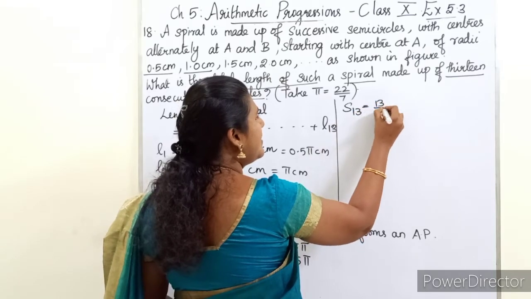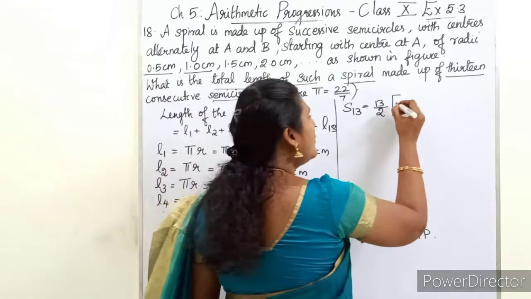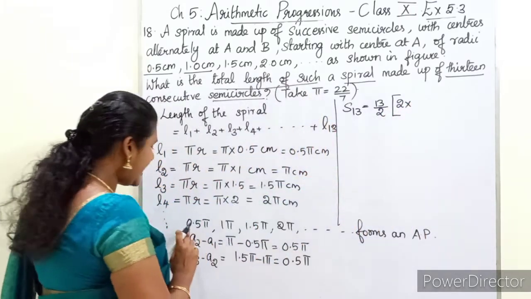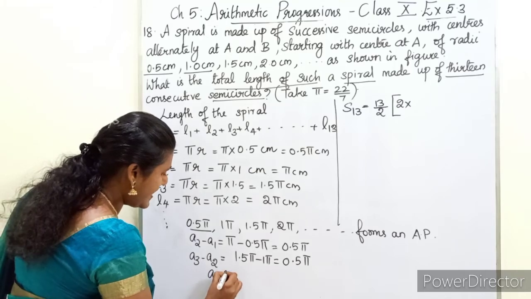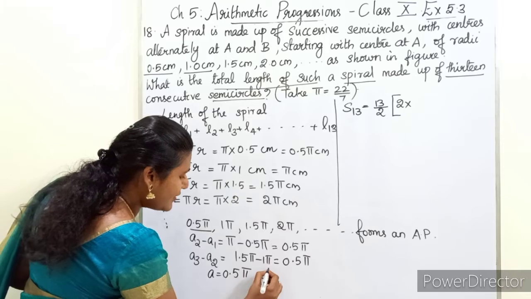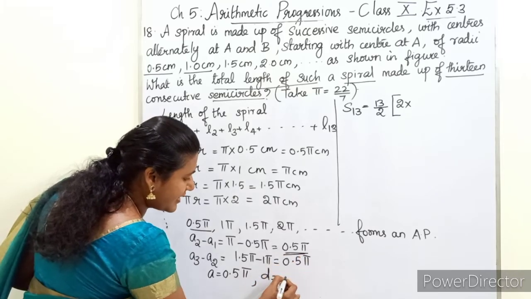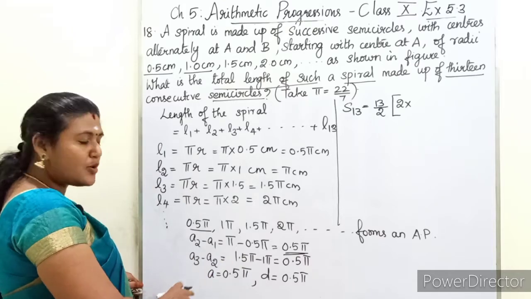The formula is n by 2, that is 13 by 2 into 2a plus n minus 1 into d. What is the value of a? Here the first term is 0.5 pi, so a is equal to 0.5 pi. And what is the value of d? d is also the difference, 0.5 pi only. So the a and d values are the same.